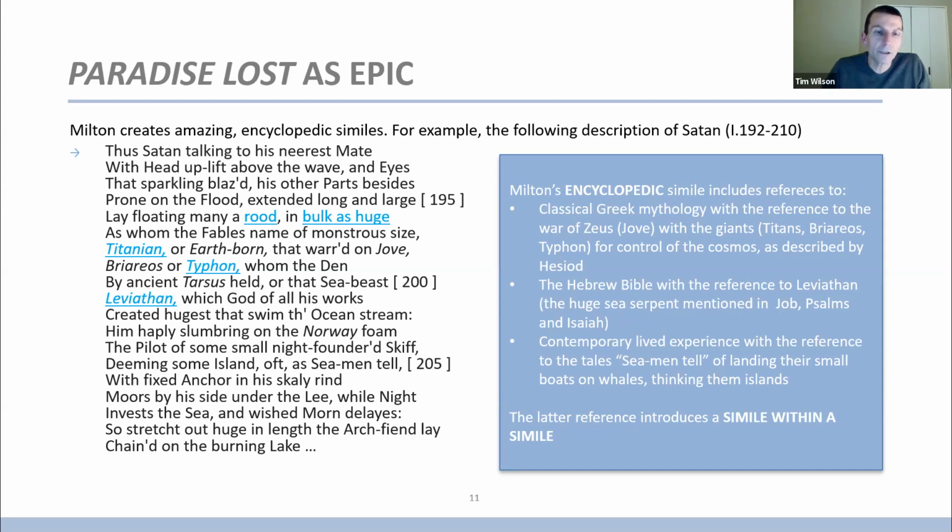So stretched out huge in length, the arch-fiend lay, chained on the burning lake.